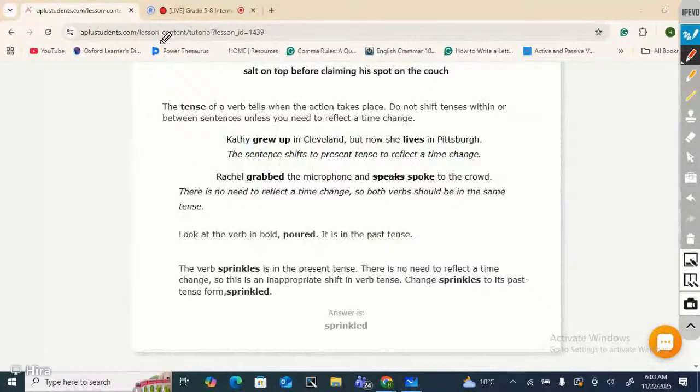When you write a text, you must take care of the tense of a verb, and should not make inappropriate shifts within a sentence or between sentences, unless you need to write about a time change. Okay.